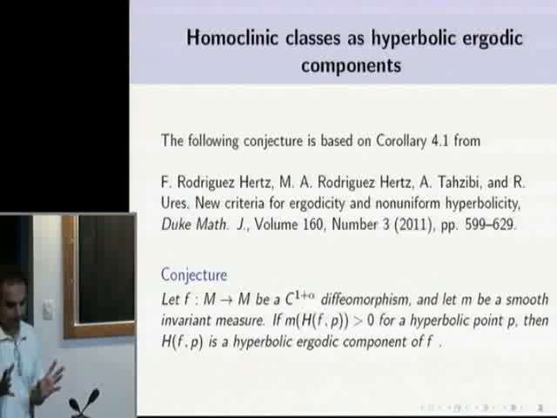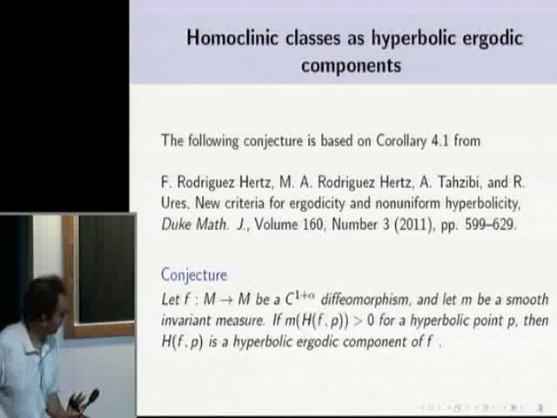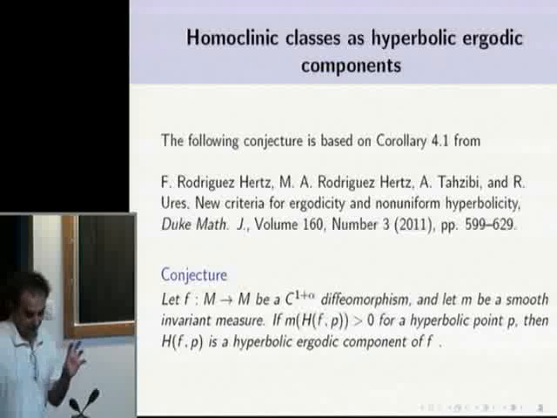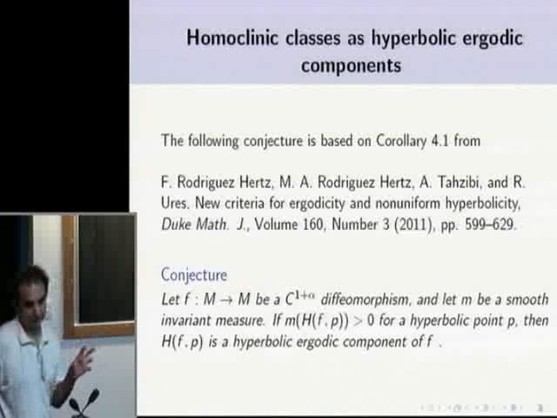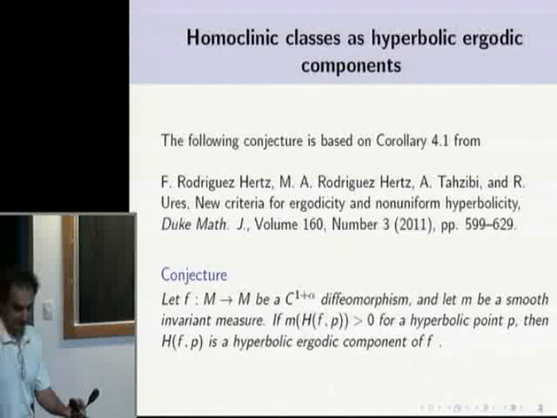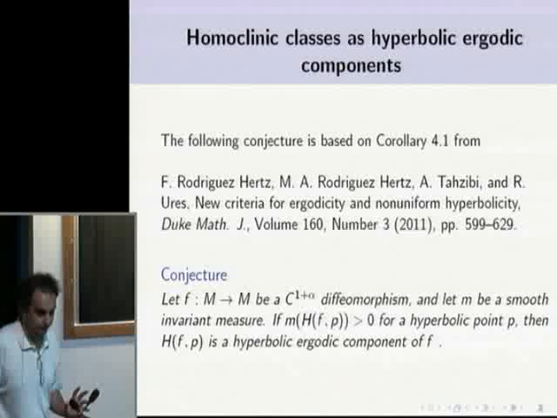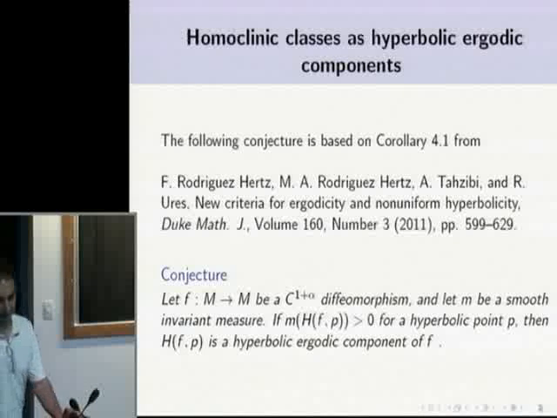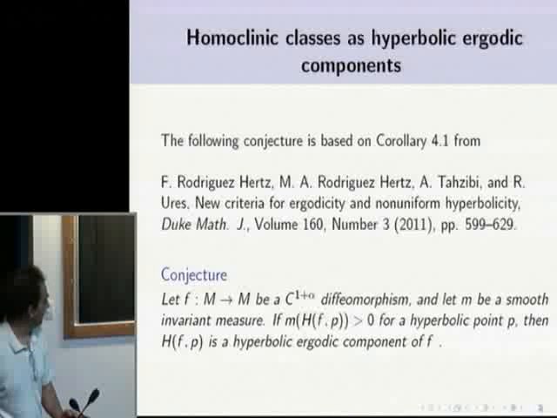The set of all those points is called the ergodic homoclinic class, and what they proved is that if the Lebesgue measure of the ergodic homoclinic class is positive, then it is necessarily an ergodic component, and moreover, Lyapunov exponents are necessarily non-zero. Later we will see that this is a really important thing.